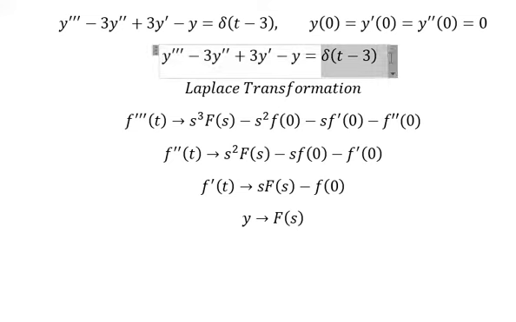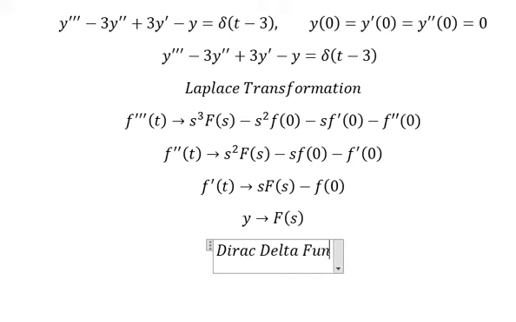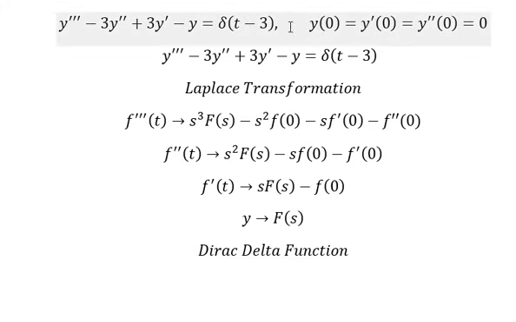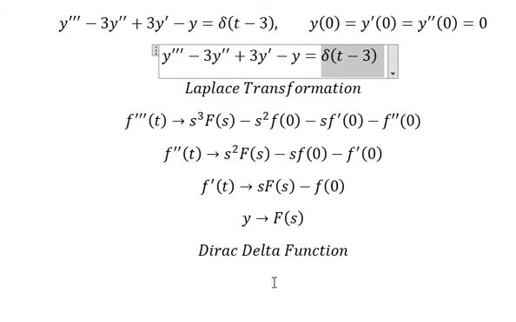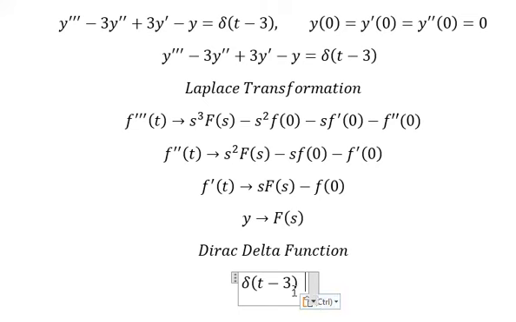This one is about the Dirac delta function. So the formula of this one, we need to transform this one. So I will put number 3 into a. So I will transform the Dirac delta function into e to the power of negative 3s.